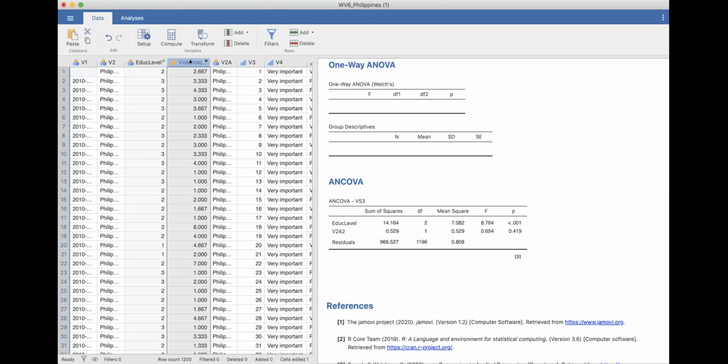Pag nag-report kayo ng measure, meron din kayong mare-report na reliability. Diba? Meron din kayong mare-report na validity. As opposed to just using one item as your DV. So, again, that's what we're saying in terms of complexity. We are layering your knowledge so that you're building on the different skills that you are learning one by one.